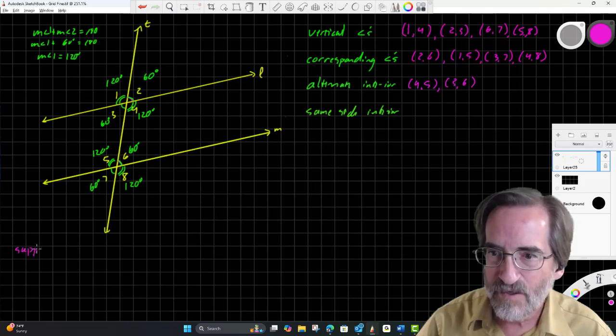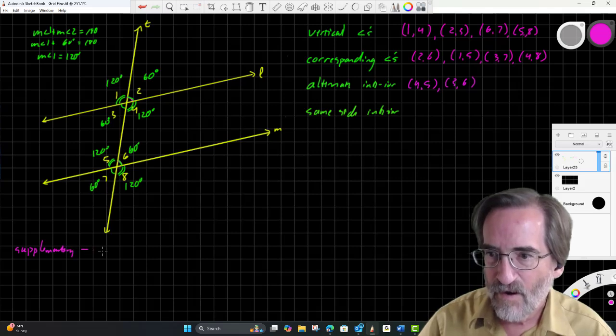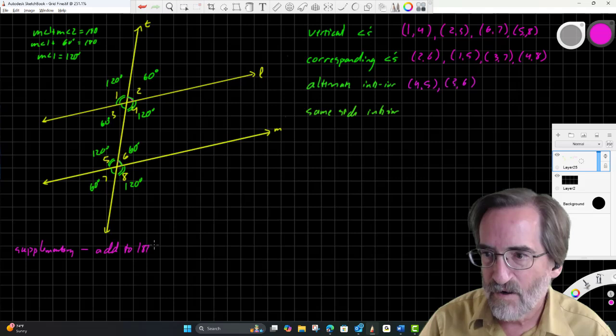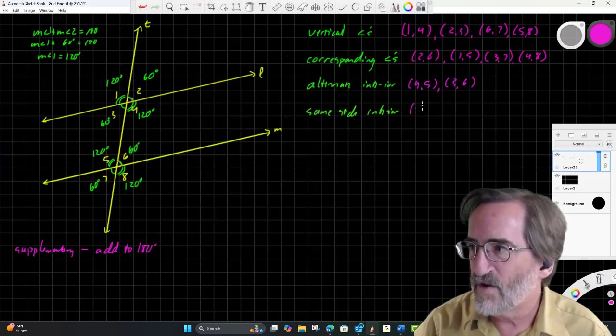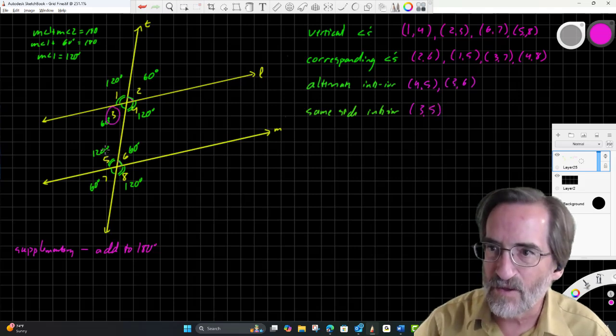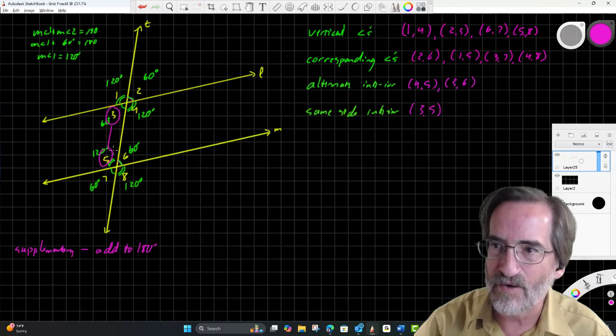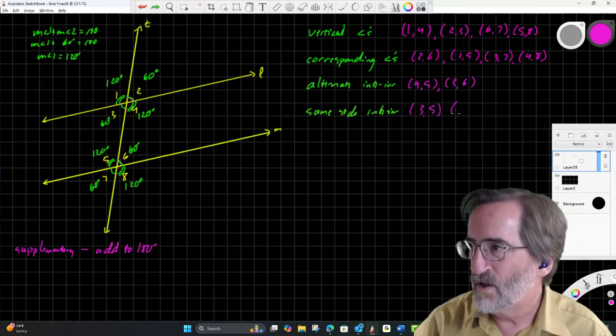Supplementary angles add to 180 degrees. So angles 3 and 5 are same side interior because they're both on the same side, the left side of the transversal, and they're interior between the crossed lines. 4 and 6 are same side interior angles.